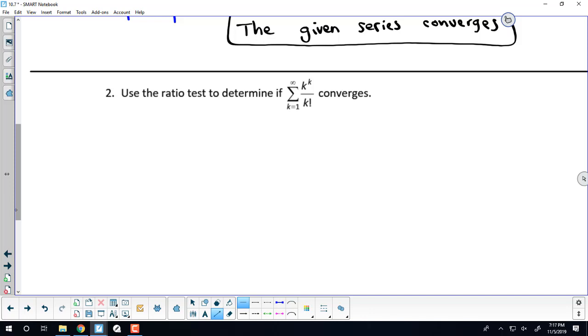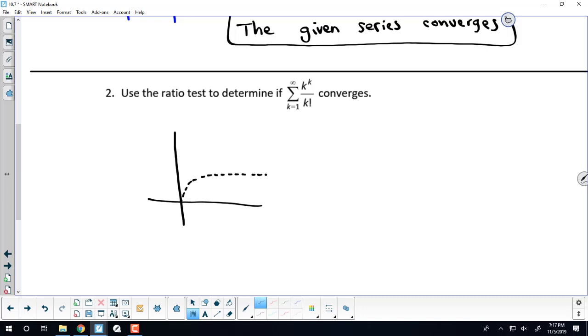So if you'll notice, a lot of these tests involve limits at infinity. And when we see a series, whatever the series is doing, a limit at infinity just determines its horizontal asymptote, right?